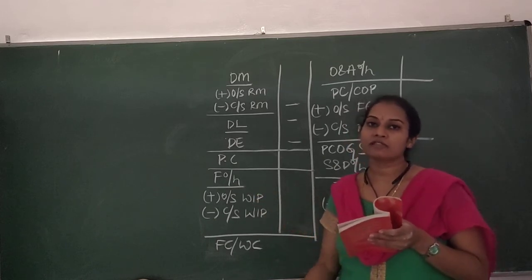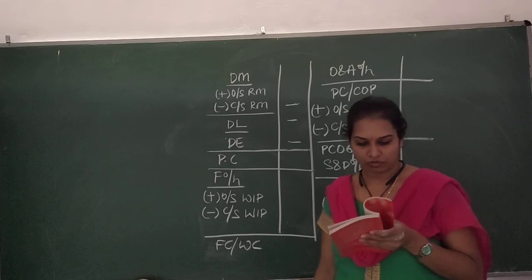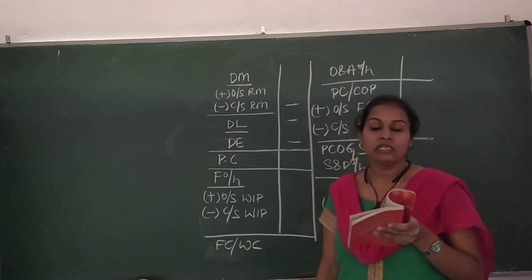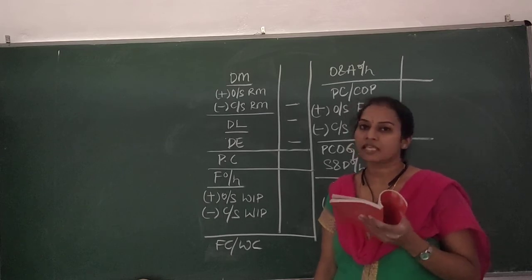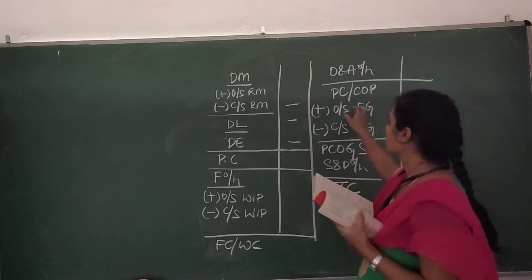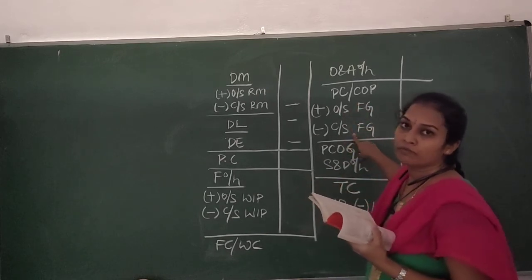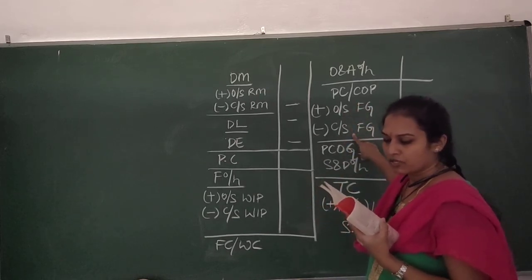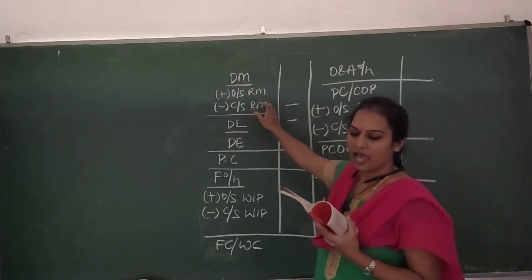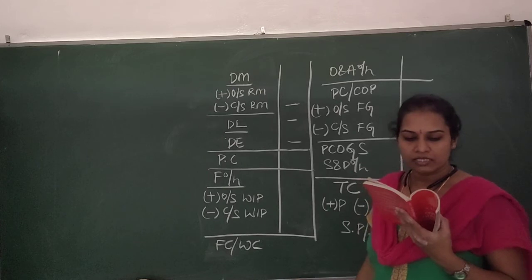Samples: where do you give samples? Selling and distribution overhead. Underwriting commission is a financial item. Dividend to shareholders is again a financial item. Closing stock of finished goods will come under your production cost. Next is carriage on purchases. Carriage inward is added under your direct material.